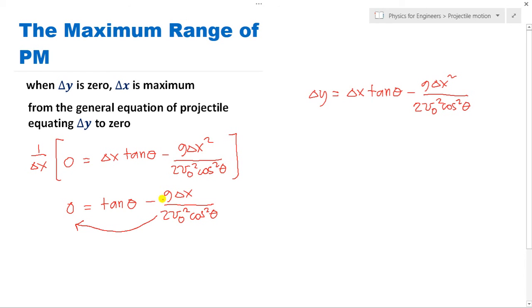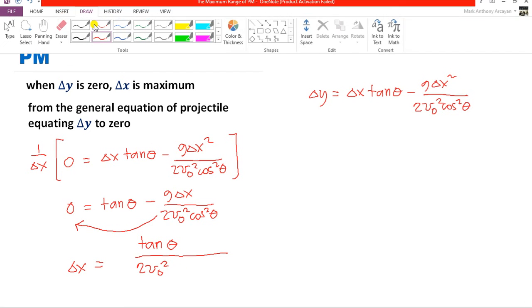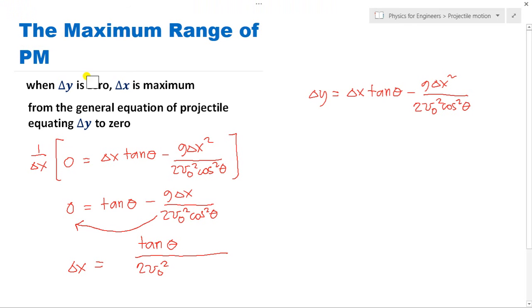So let's do that. So we have delta x. Kapag natatranspose na natin, we have tangent of theta all over, I mean, this is not 2 initial velocity.